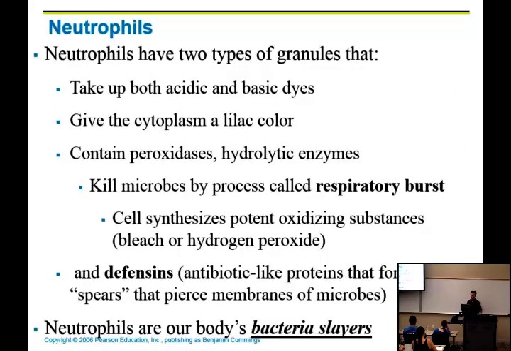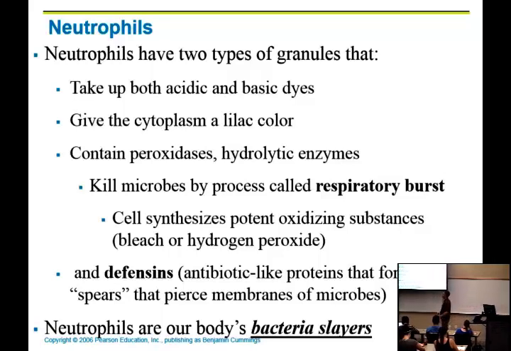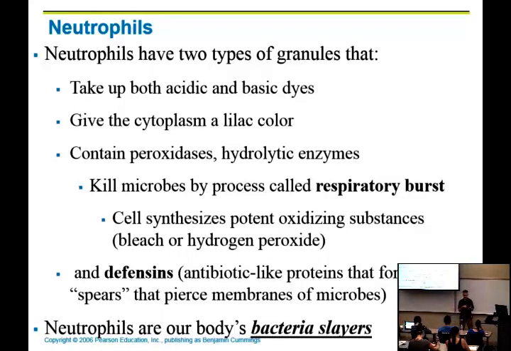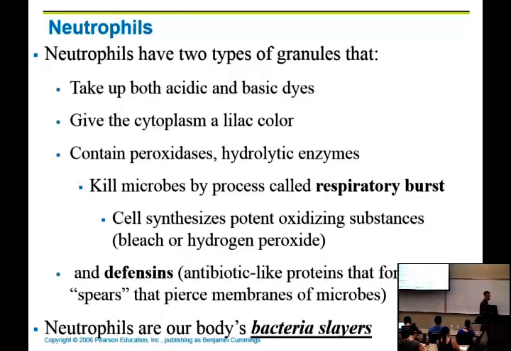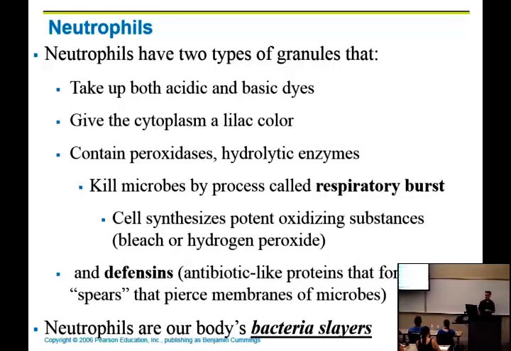Okay, so we saw with the white blood cells that they all have nuclei. We said that we look at the shape of the nucleus, the size of the cell, and whether it has granules to help us discern between them. And the neutrophils, these are basically a bunch of phagocytes. These ones help to kill microbes in what's called a respiratory burst.